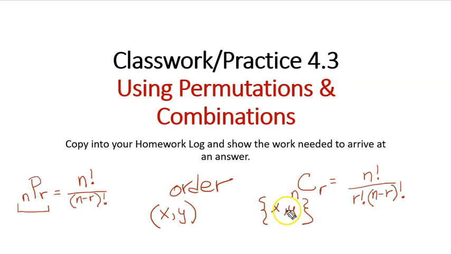Here, if you reverse the item, that's not different. Now, in permutations, order is important. In combinations, order is not important. All right, there's many more things that we covered in our class, but we'll move on.